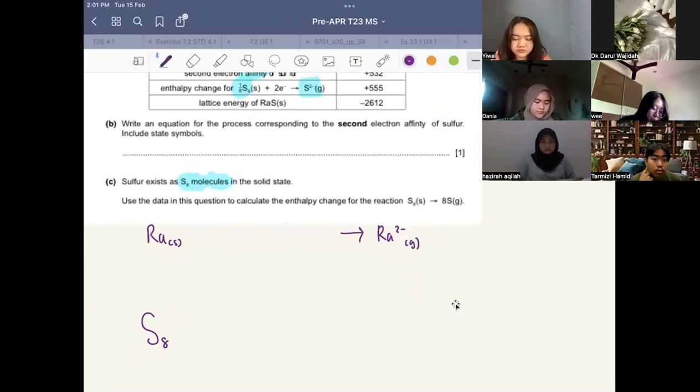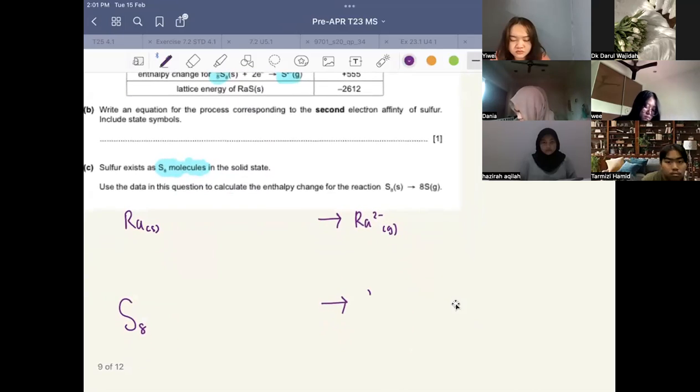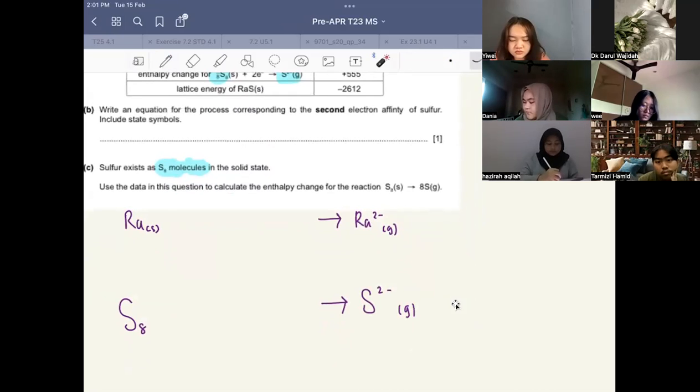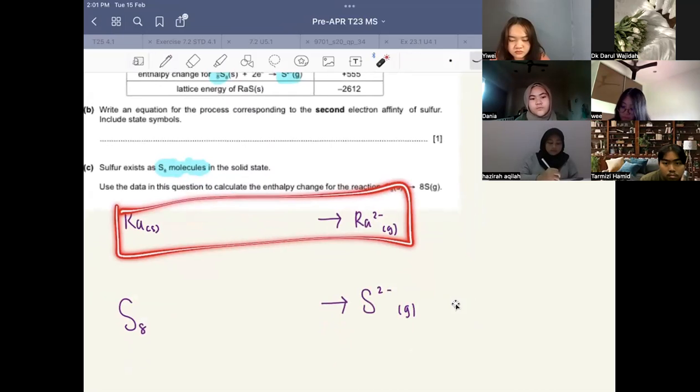I need to highlight that sulfur exists as S8 molecules, okay? And then the endpoint is S2-. You will be tempted to work all these steps, but actually you do not need this at all.